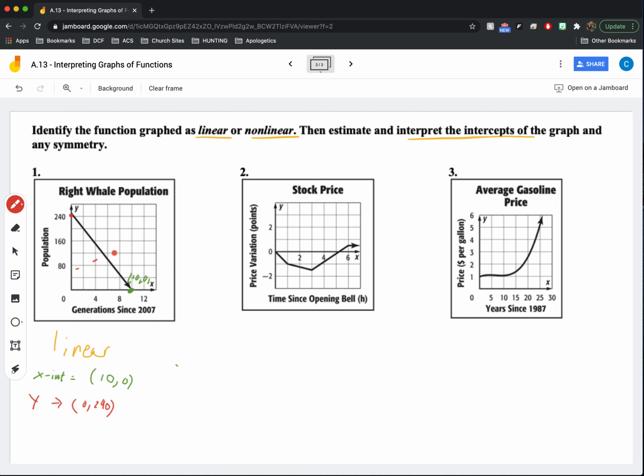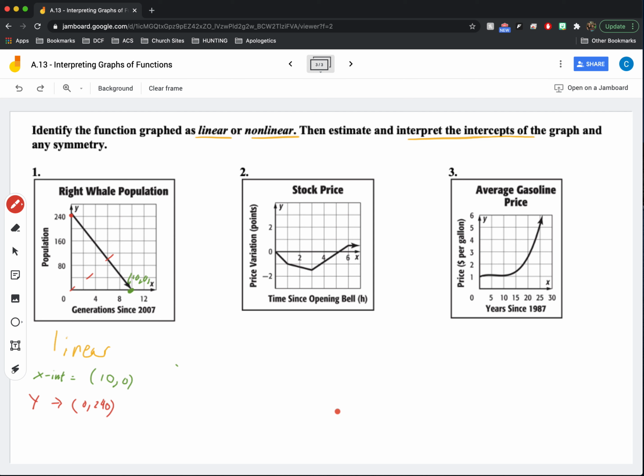In this case, my line of symmetry would be this line right here, about y equals x. But I'm not worried about line of symmetry too much. Number 2, I'm just going to tell you, and you guys can write it down.